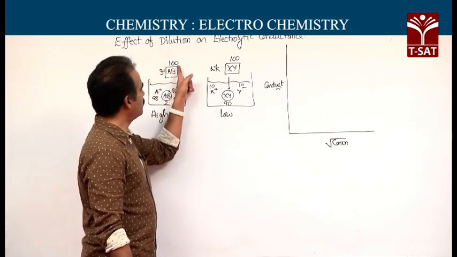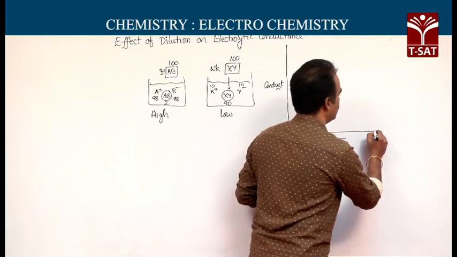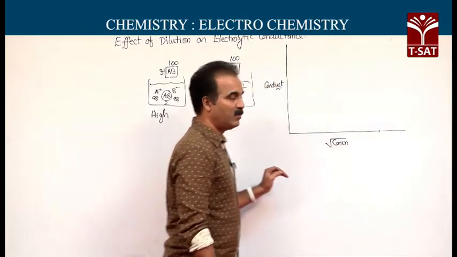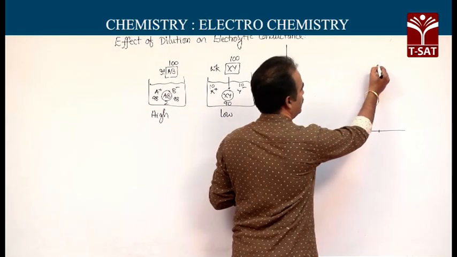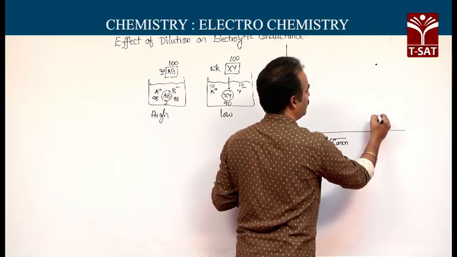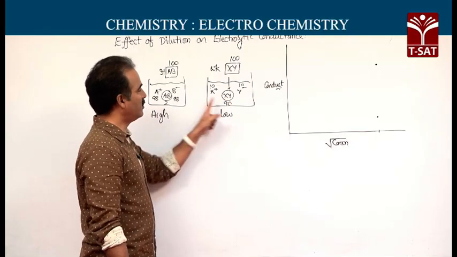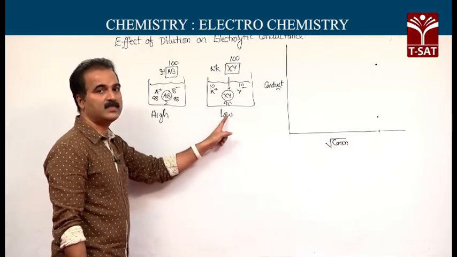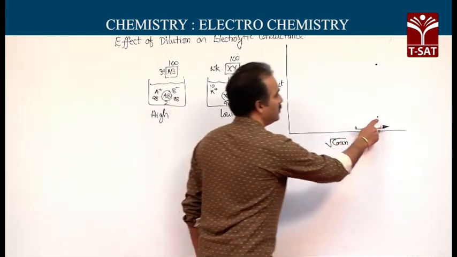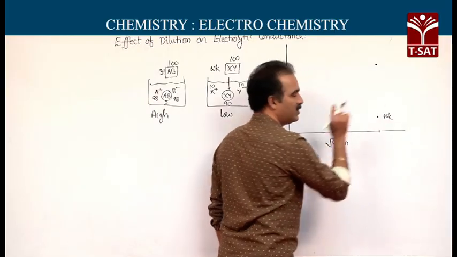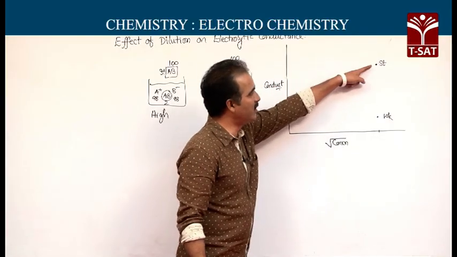I took the same concentration, 100 in 1 liter, for both. But the strong electrolyte, due to the maximum number of ions, has a higher conductance, whereas for the weak electrolyte the conductance is low. Both are at the same concentration, but do not have the same conductances. This point represents the weak electrolyte, and this point represents the strong electrolyte. So, strong has higher conductance.